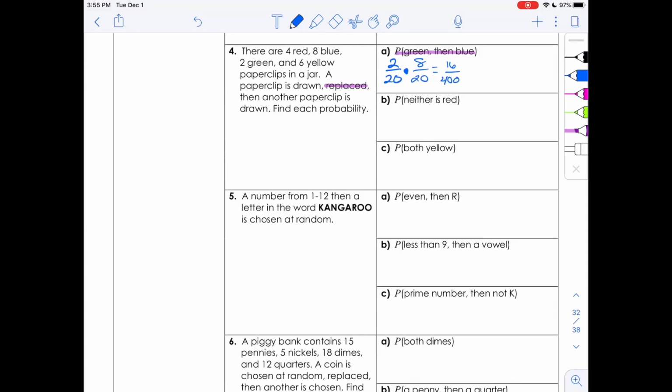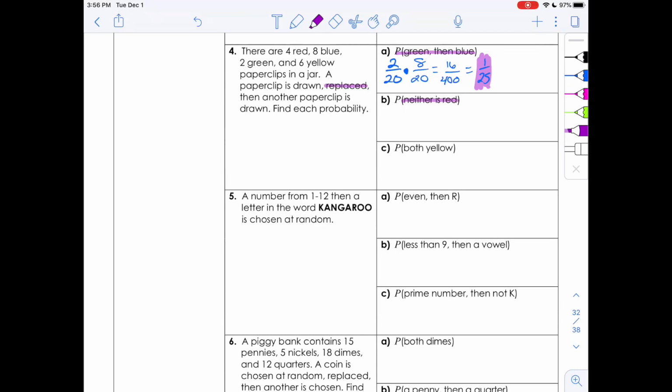And then we can simplify this down. It simplifies all the way down to 1 out of 25. So there's a 1 out of 25 chance that you'll pull out a green paper clip and then a blue paper clip.